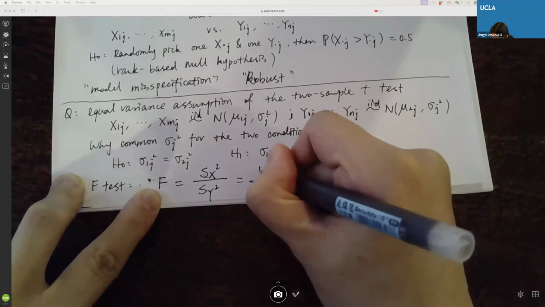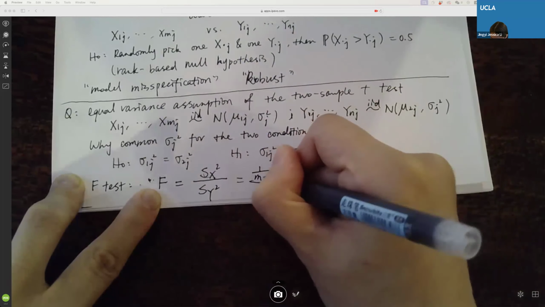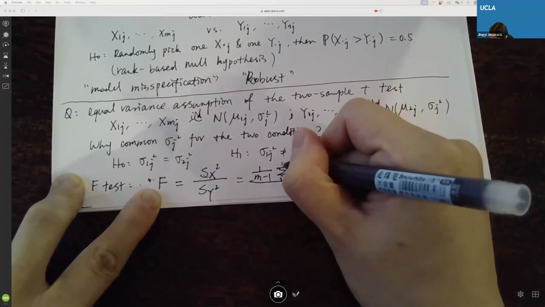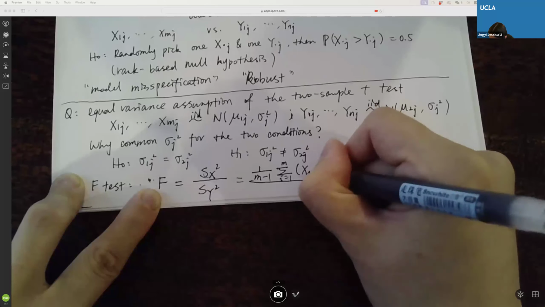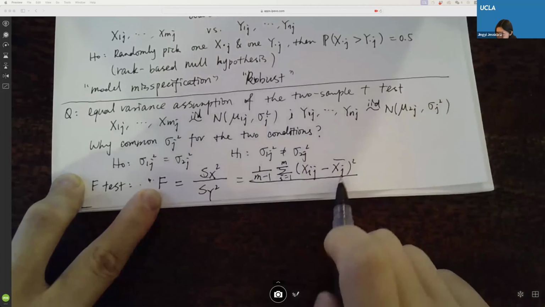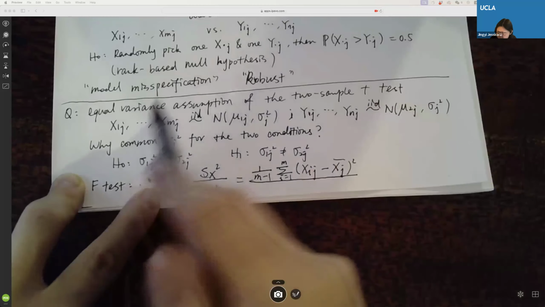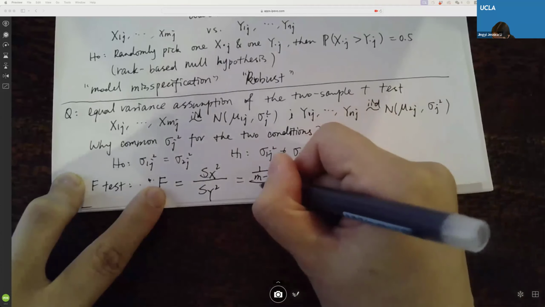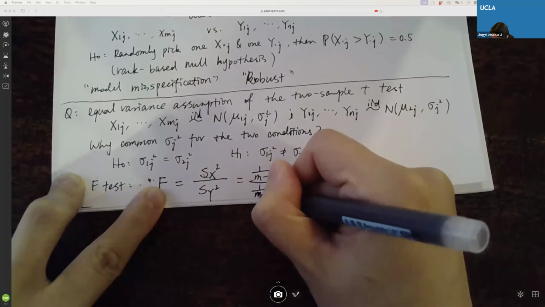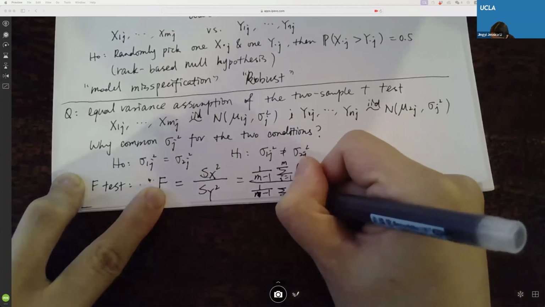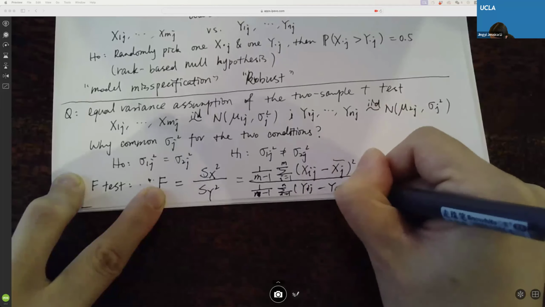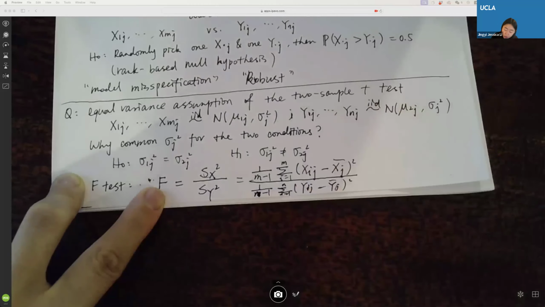So for the first sample, it is 1 over n minus 1 as the numerator, and the summation i from 1 to n, xij minus xj bar squared. And xj bar is just the average of these n values. And similarly, for the second sample, we will have an estimate for variance as 1 over n minus 1, sum i from 1 to n, yij minus yj bar squared. So it's the ratio of the two.